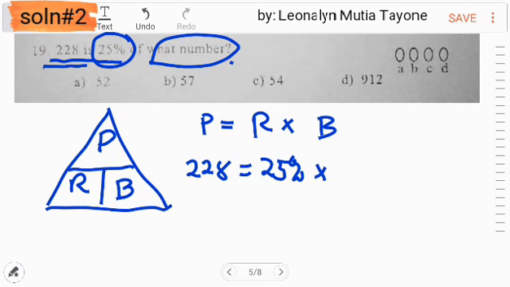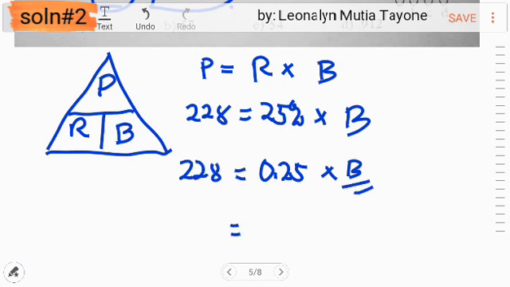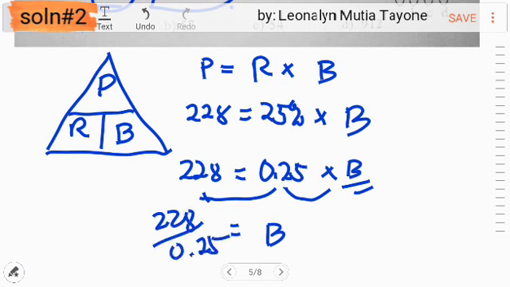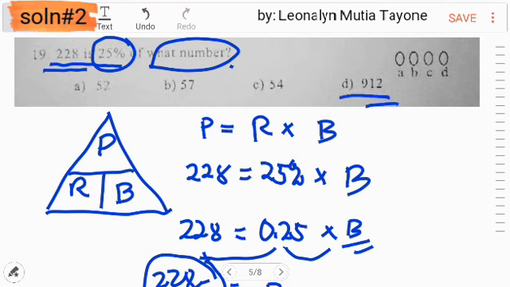Yan yung hahanapin natin. Next, i-convert si 25% into decimal form times B. Kopyahin itong 228 para ma-isolate si B dito. Since pang-multiply siya dyan, pang-divide siya sa kabila. Pareho lang din ang ginawa natin kanina. So, magiging 228 divided by 0.25. Again, nasolve na natin ito kanina. 228 divided by 0.25 is equals to 912. So, ang sagot dito ay letter D.